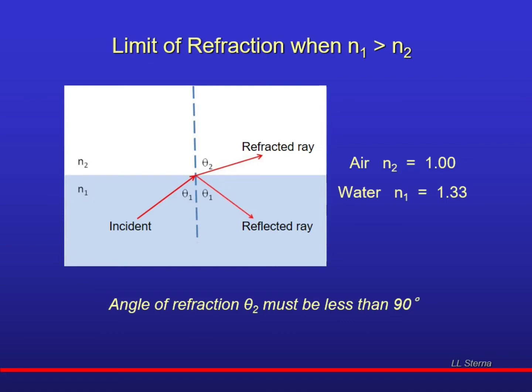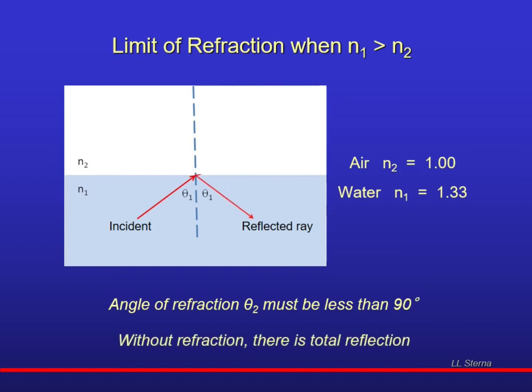If theta 2 reaches 90 and the ray dips into the water, the refraction will disappear entirely. No light leaves the first medium. It's all reflected back into the lower medium, or the starting medium. This condition is called total reflection. Without refraction, all of the light must be reflected, and we have total reflection.